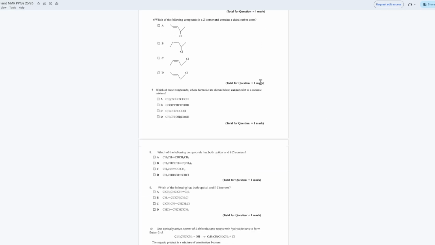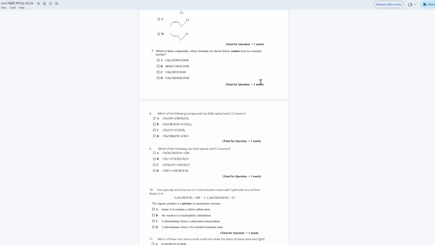Okay, which of these compounds whose formulae are shown below cannot exist as a racemic mixture? I'm just trying to visualize these because I really don't like these. The structural formula display they've got for the next two questions is great.